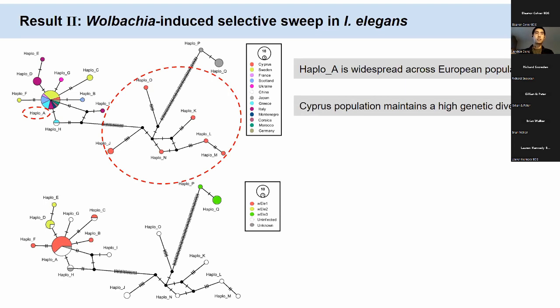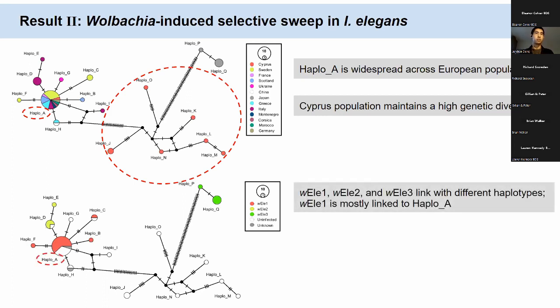So we can see that different Wolbachia strains were linked with different haplotypes, and the wIe1 strain is mostly linked to haplotype A, and wIe1 is also linked to a very low genetic diversity because apart from haplotype A, there are only two or three haplotypes linked with this infection.